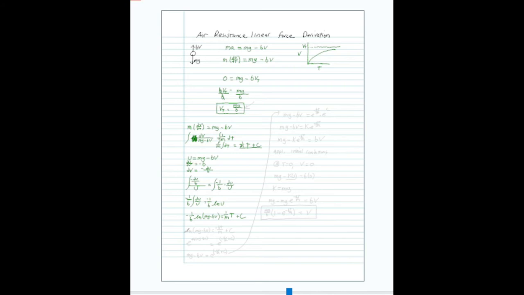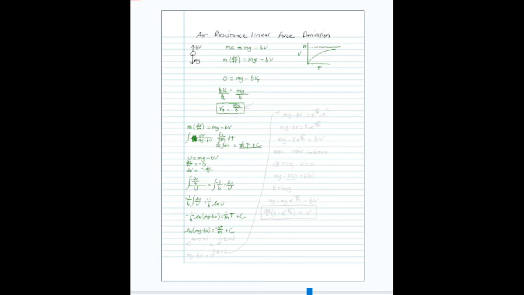So I end up with this, ln mg minus bv equals negative b times t over m plus, now technically this is going to be negative b times c, but b and c are both constants. So a negative b, which is a constant, times c, which is a constant, is just a new constant. So I'm just going to call it c and leave it there like that. I know that's a little weird combining the constants, but that's what we're going to do to keep it simple.